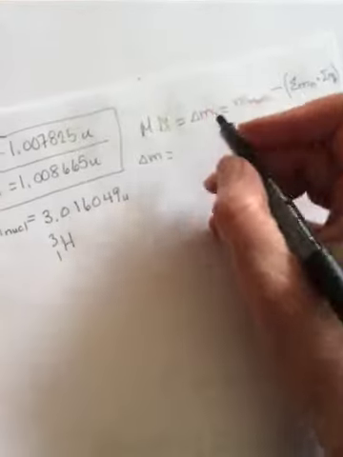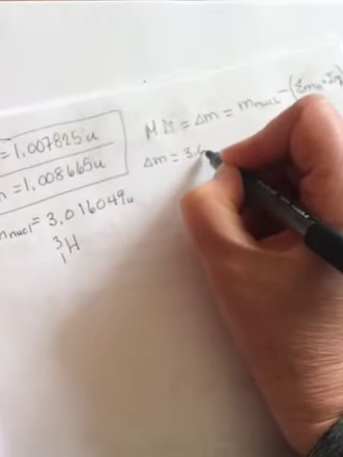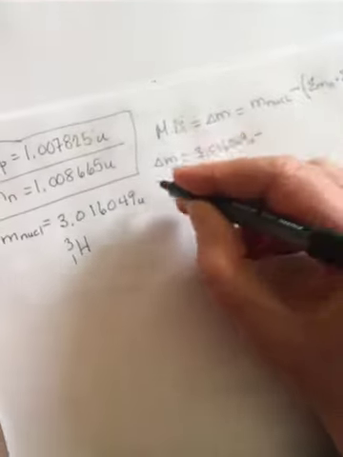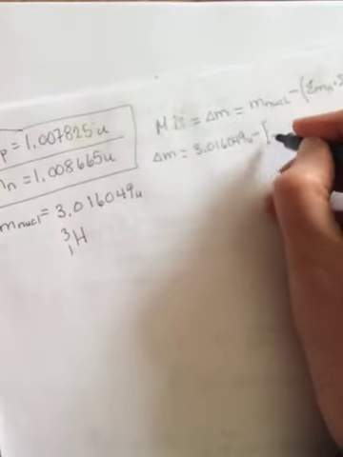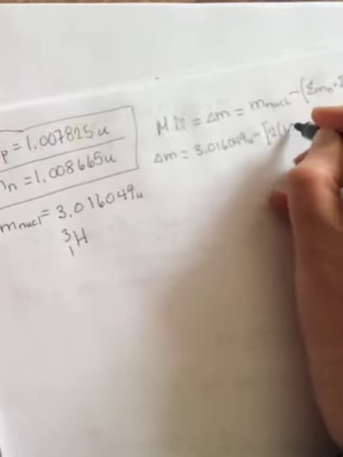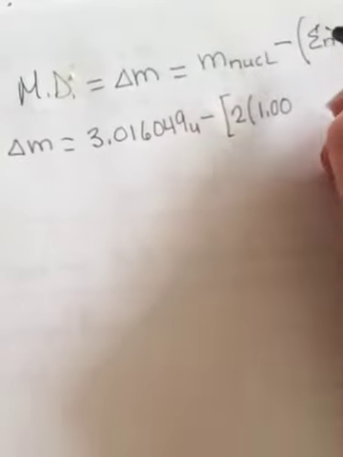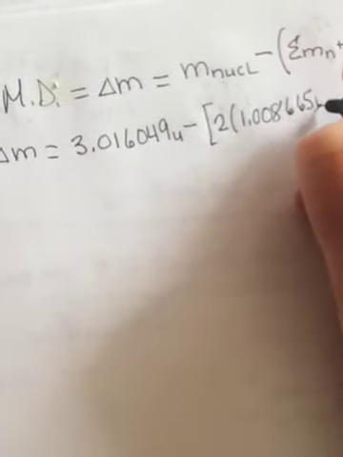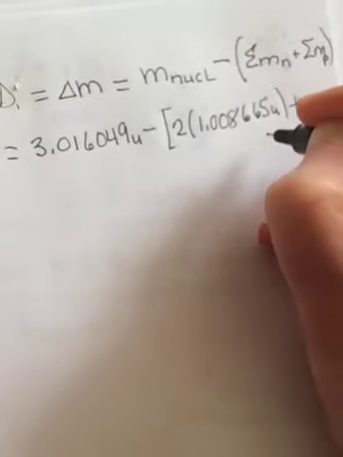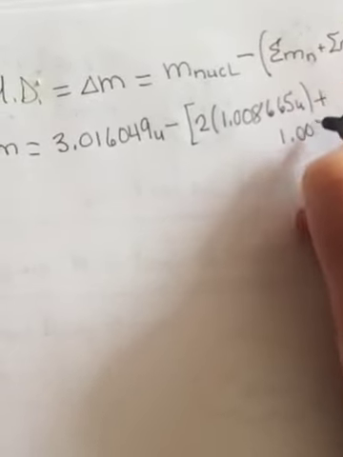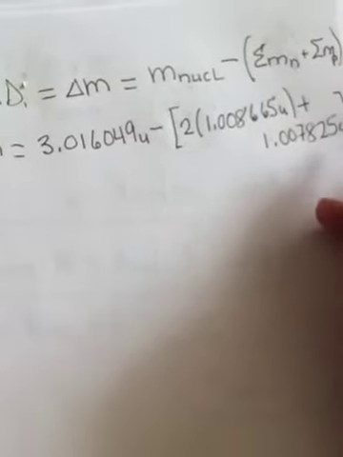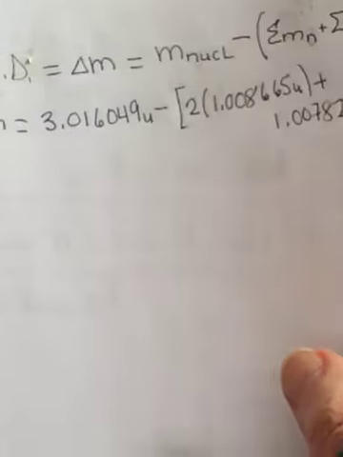So the mass of the nucleus we were given is 3.016049 U minus, there are 2 neutrons in hydrogen 3, so brackets 2 times 1.008665 U plus, and there's only one proton, so 1.007825 U. It's sometimes the proton that changes, so your textbook often uses this one, that's why I'm using this one.